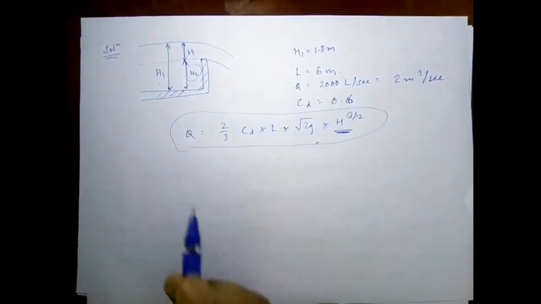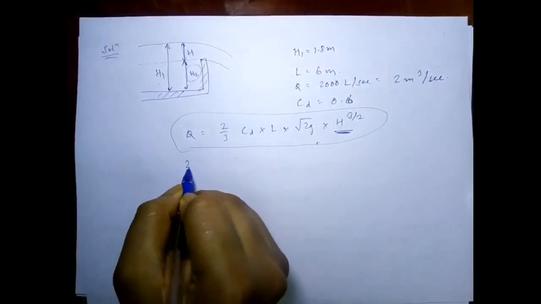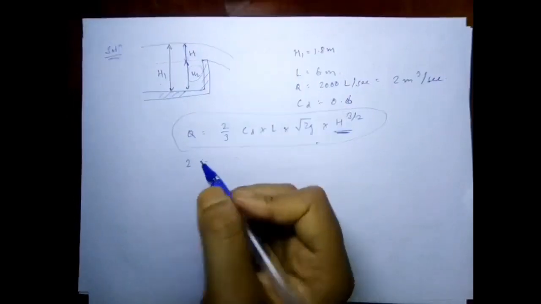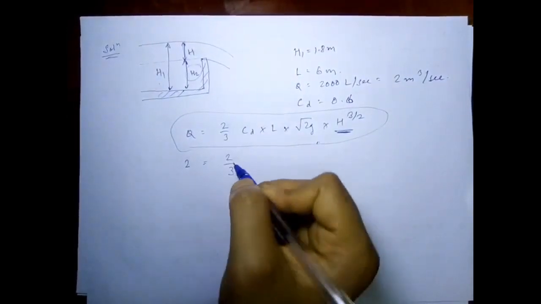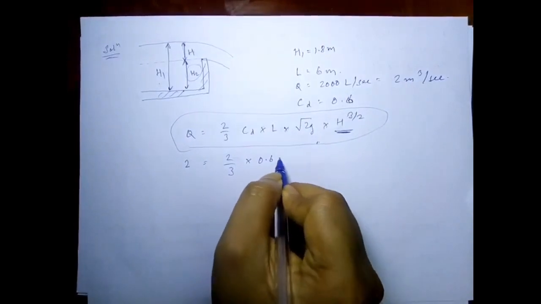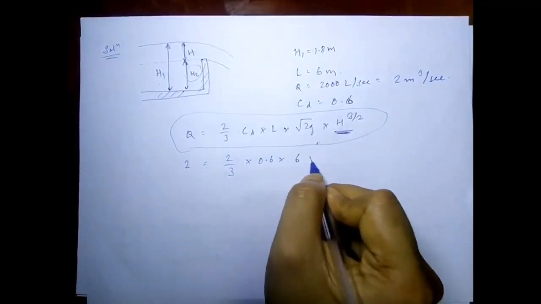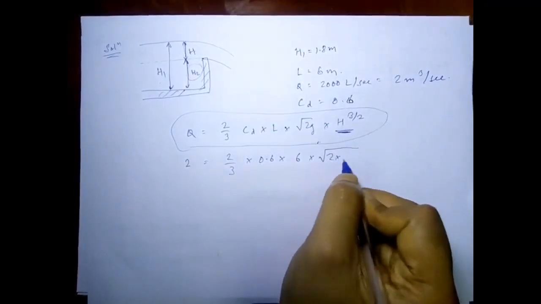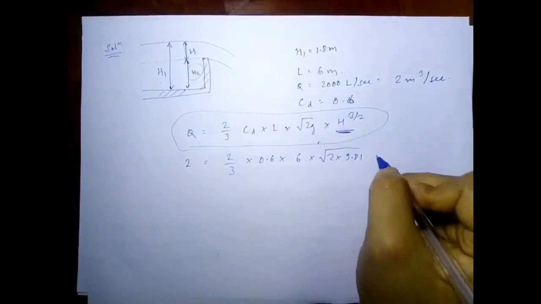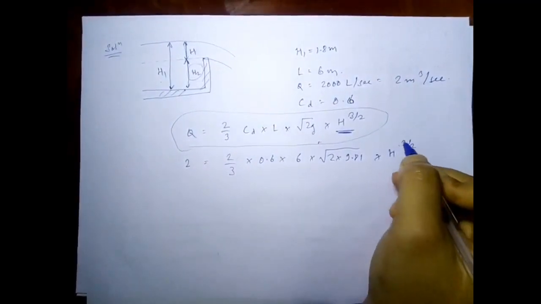So Q is 2 meter cube per second, it is given in the question. Q is equal to 2 by 3 times 0.6 times L, which is given as 6 meters, times root 2 times 9.81 times h to the power 3 by 2.